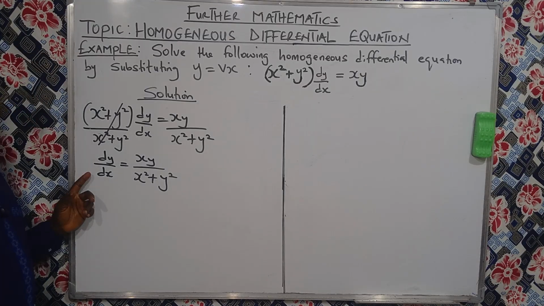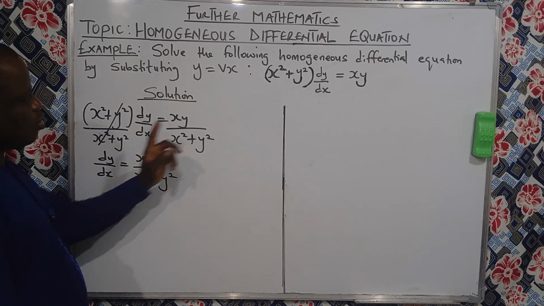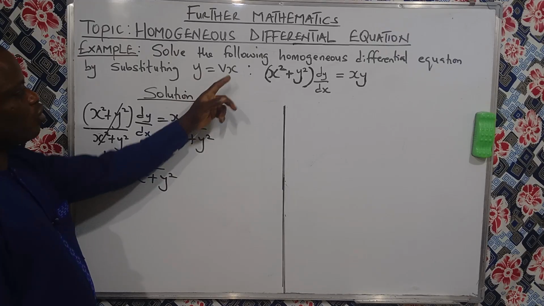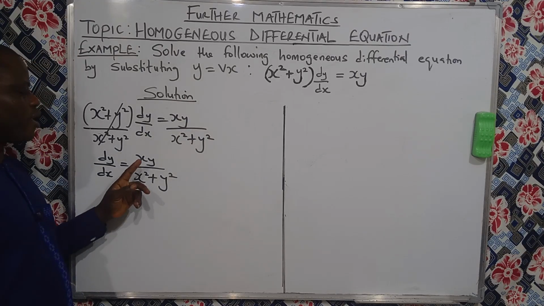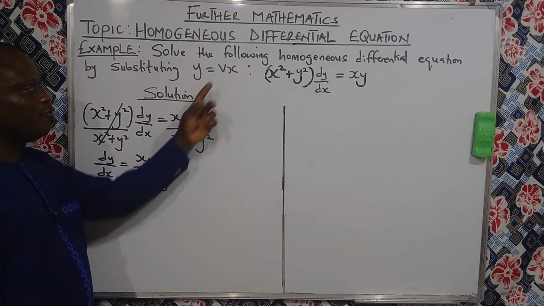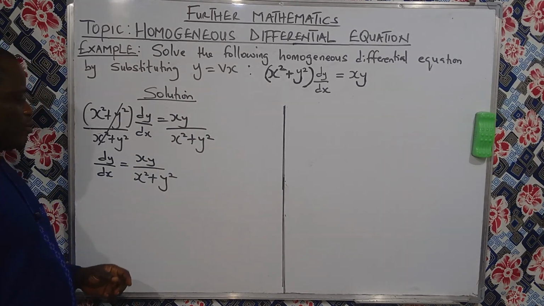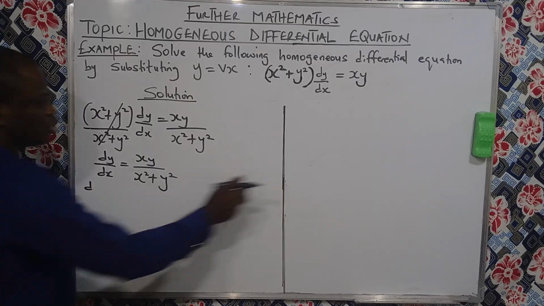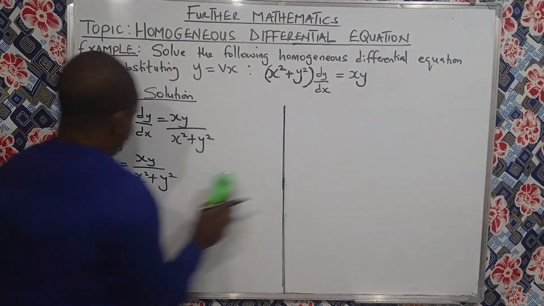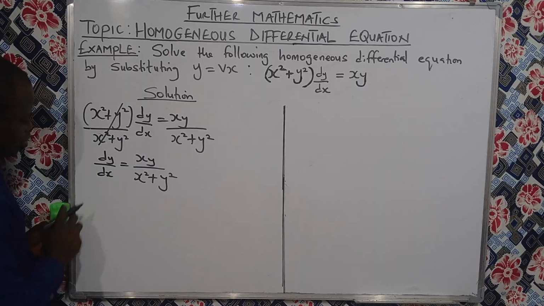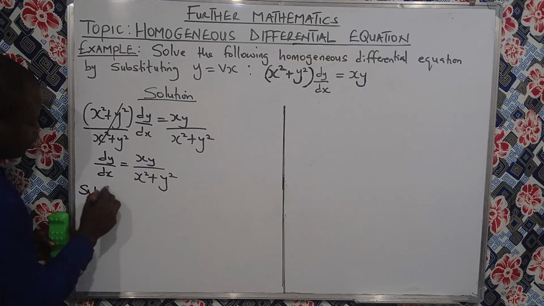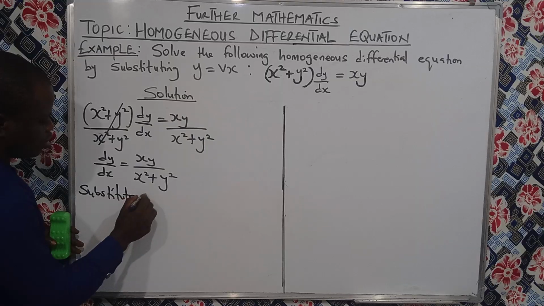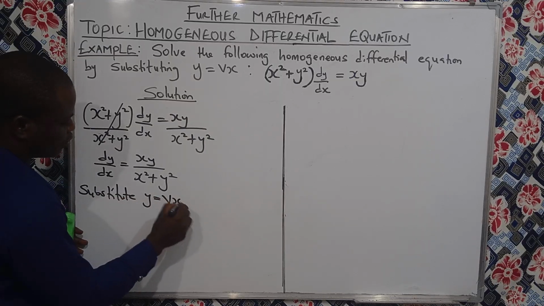This is the expression for dy over dx. Now, what we need to do is substitute y equals vx. Anywhere you see y, you replace that with vx.